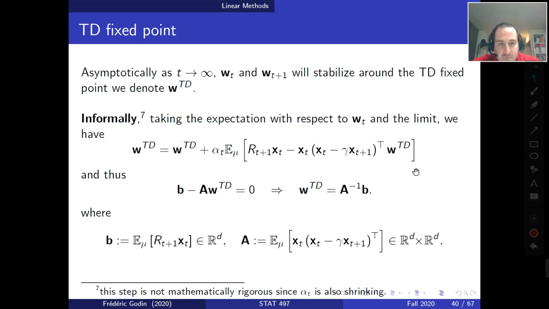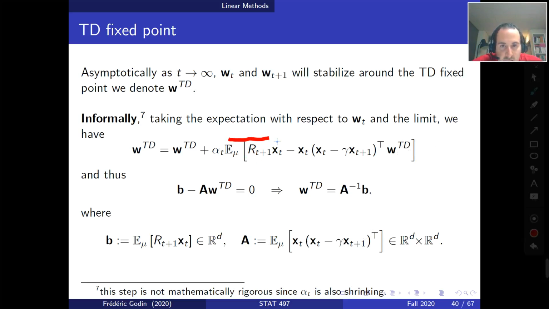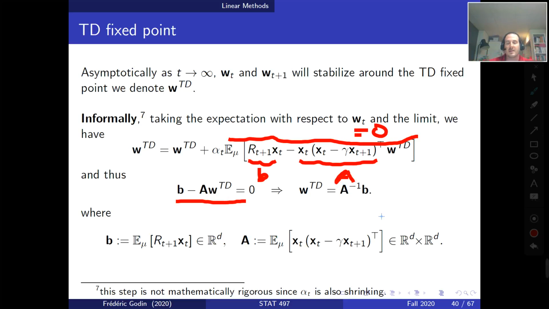Okay, so this being equal to 0 can be expressed as this equation here, where the expectation of this term is b, and the expectation of this term is A. So we obtain that b minus A times the TD fixed point should be equal to 0.